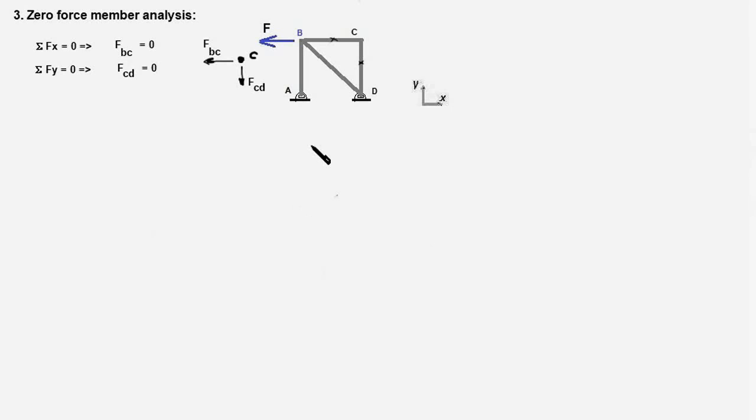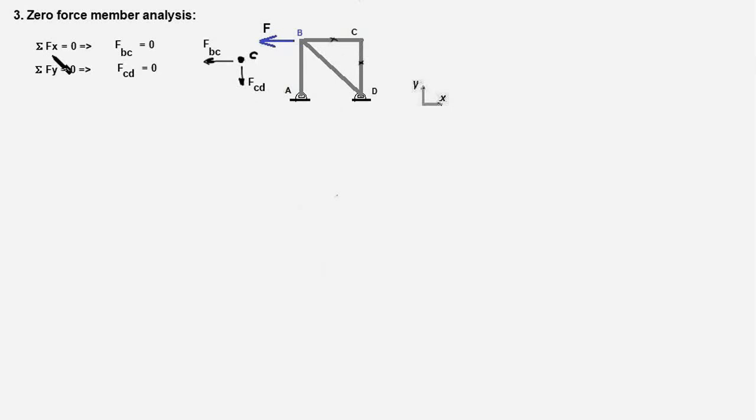Take a look at this simple truss. I want to show you that when the loading on a truss changes, a zero force member may become a load bearing member. Here in this truss, external force F is acting at joint B, and we wish to analyze the forces acting at joint C. We draw a free body diagram of C, and there are two forces acting in horizontal and vertical directions.